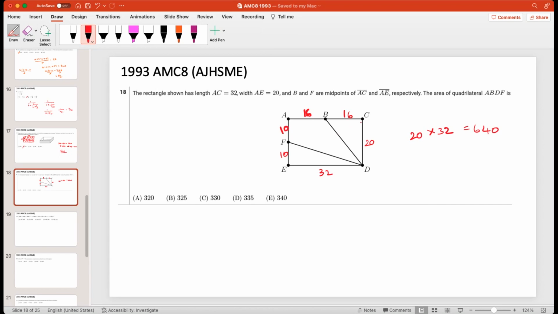Now this is half base into height. So I'm going to say 640 minus half of 20 into 16, which is 160. Similarly, this is also 32 into 5, right? So half of 10 is 5, 32 into 5 is another 160. So 640 minus 2 times 160, that's going to be 320.